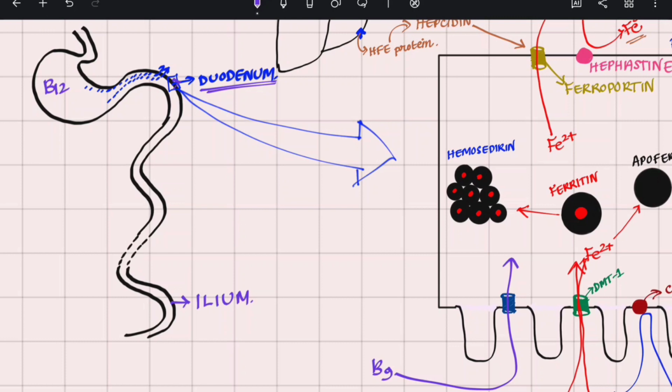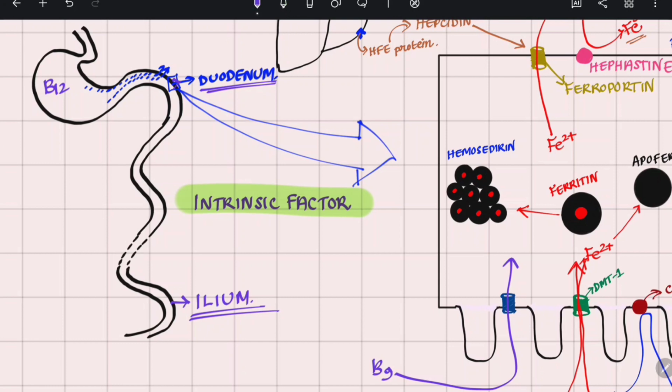Vitamin B12 as such cannot be transported into the cells of the ileum, so you need a transporter or facilitator which helps the transport of B12 into the system through the cells of the ileum, right? So what is this facilitator? It is intrinsic factor. This is what? Intrinsic factor.